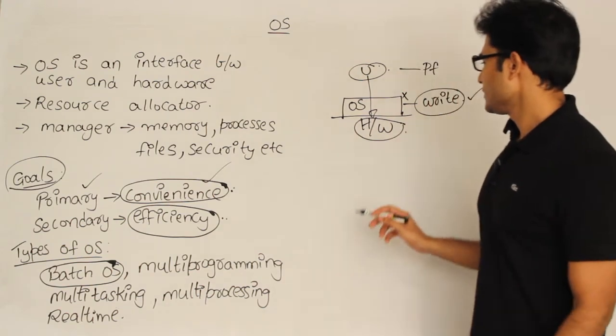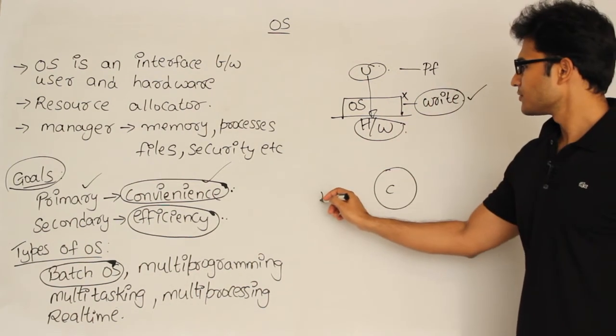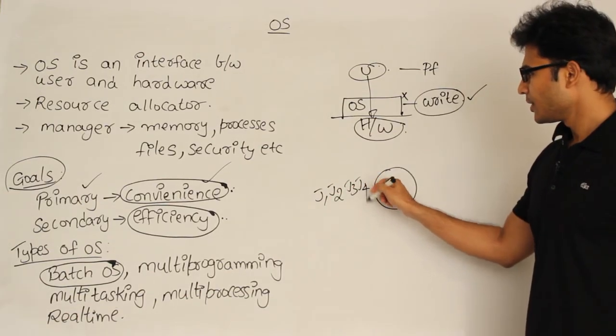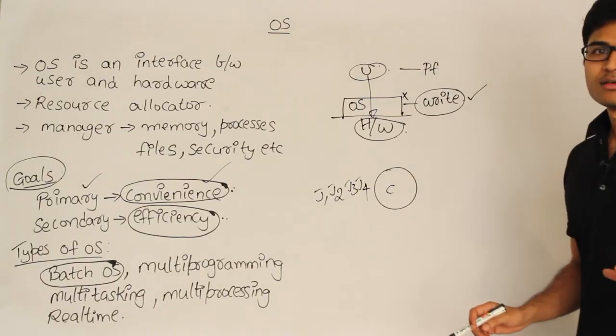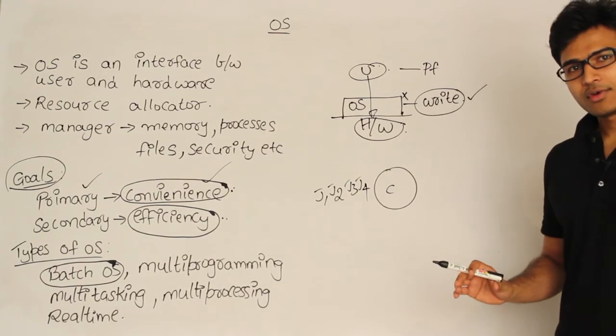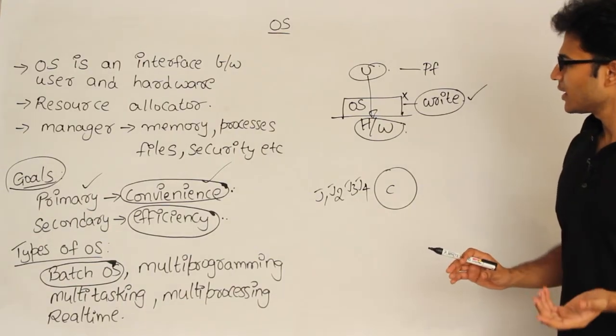Which means, see this, there used to be only one computer and all the jobs, J1, J2, J3, J4, were provided by the users, and they would not wait for the result, they would just go away, and after some amount of time they would collect the results.